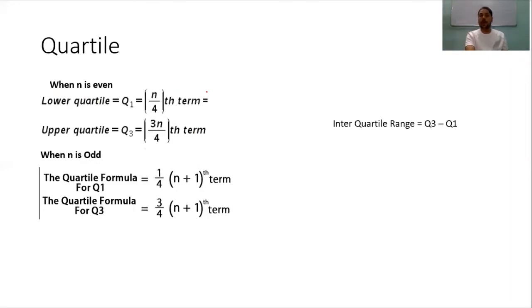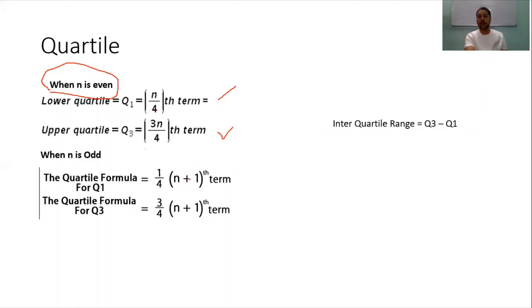Same procedure we will follow. To find the quartile from the given distribution, we have to make a cumulative frequency table, then check if n is even. If n is even, in that case, apply the formula of n by 4 for the lower quartile and 3n by 4 for the upper quartile here. If n is odd, in that case, just replace n by n plus 1 in the whole formula of even.